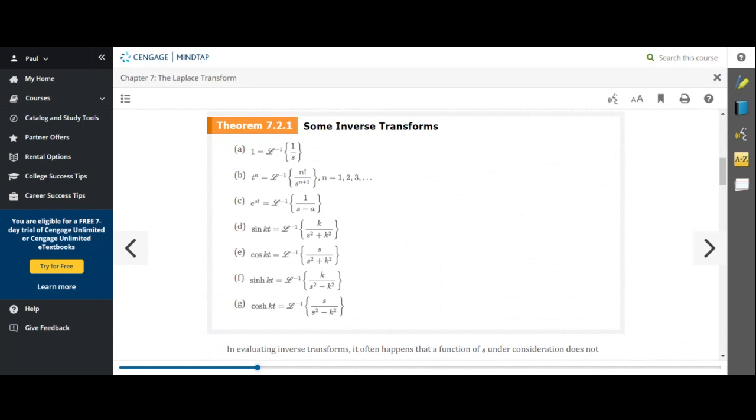Therefore, since we know the Laplace transform of certain functions of t, we can find inverse Laplace transforms of certain functions of s. Okay, so are there any questions on this idea about theorem 7.2.1? About this table?